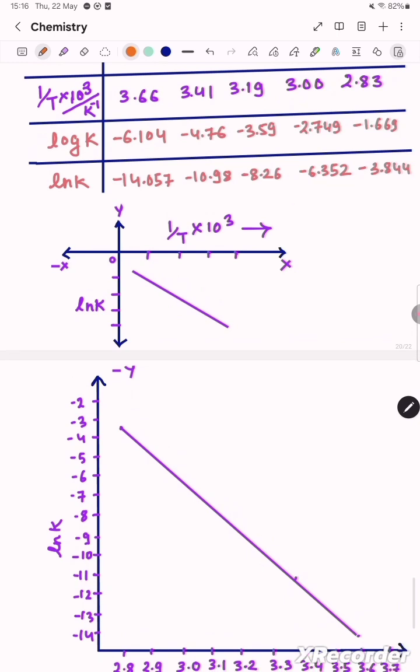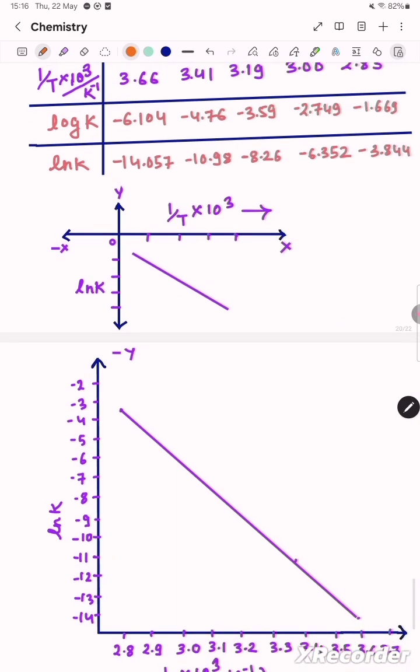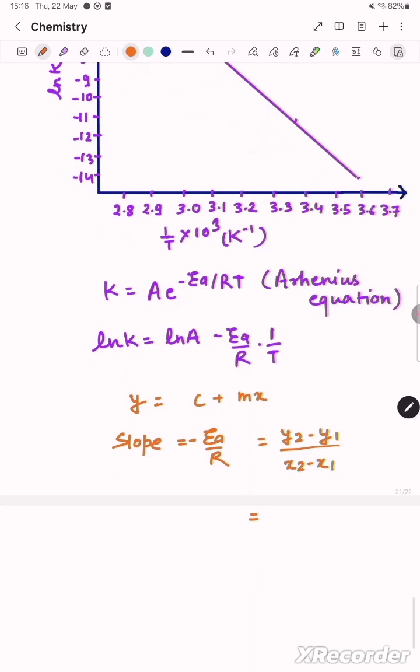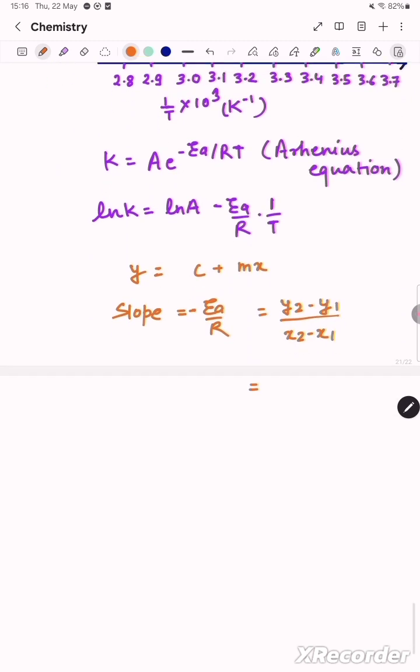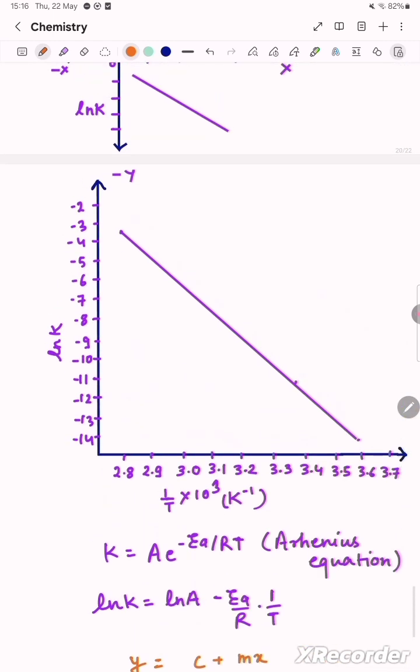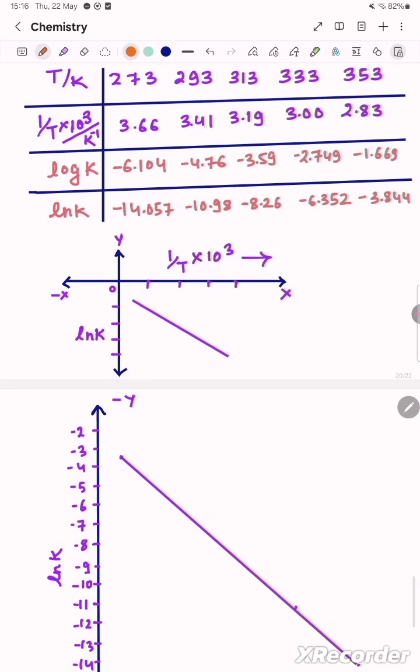that is minus 14.057 minus 10.984 as it is given, and here x2 minus x1 value is 3.66 and 3.41.